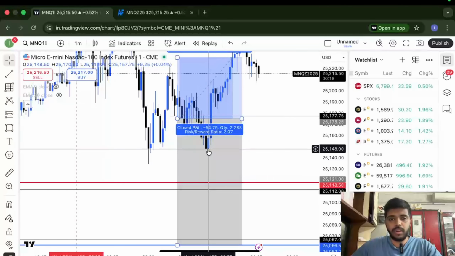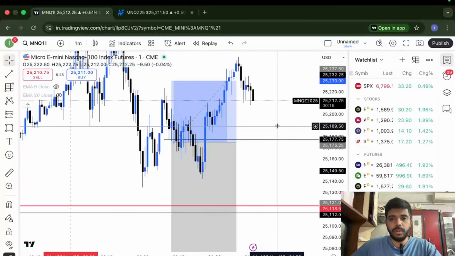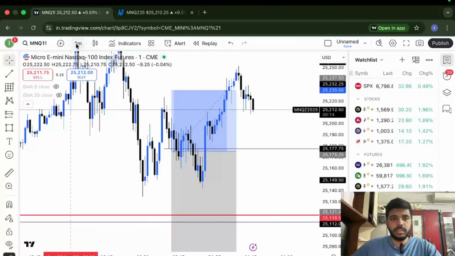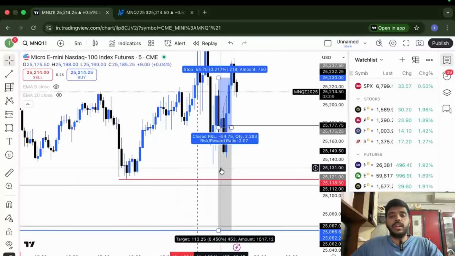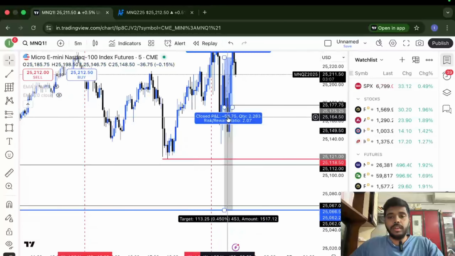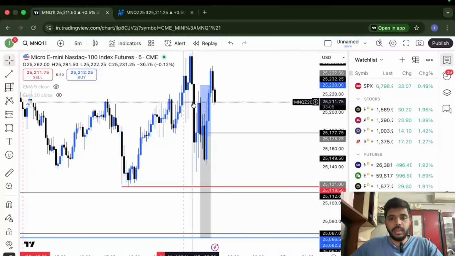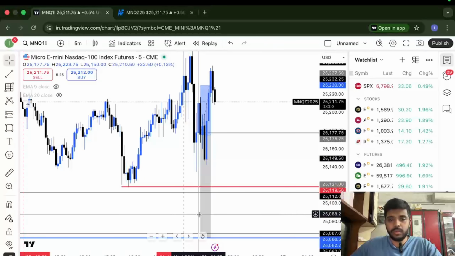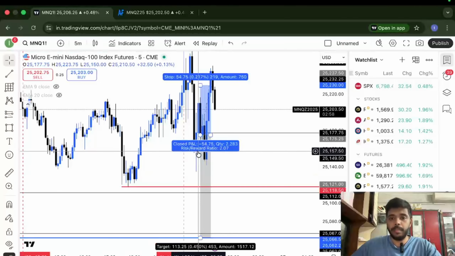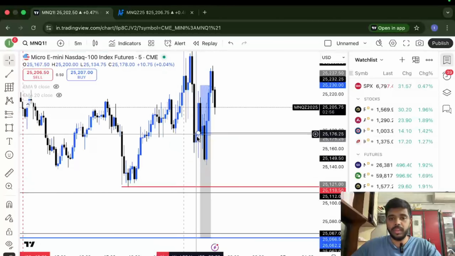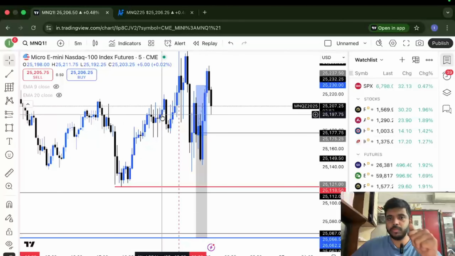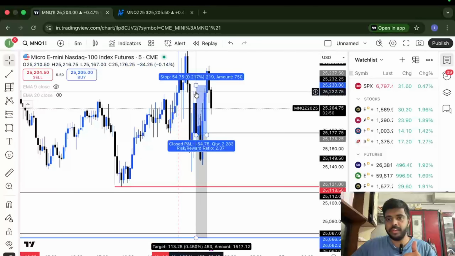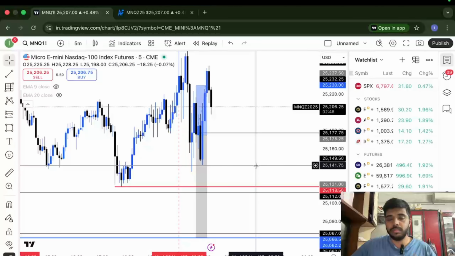We gave a decent move to the downside, but then boom, a big candle to the upside, and from here you can see we are retracing a little bit. Initially I thought that if after this candle Nasdaq ripped all of these lows in one single candle, then I would go bullish. But that didn't happen. We reversed from here. We retraced from here. That made me go bearish. High time frame was bearish, and we also have 5 minute manipulation as SMT divergence as well.